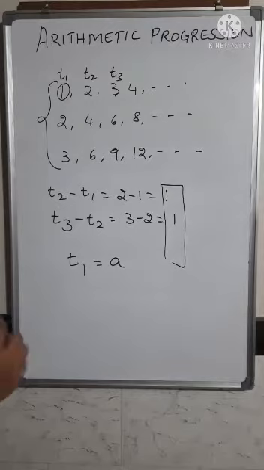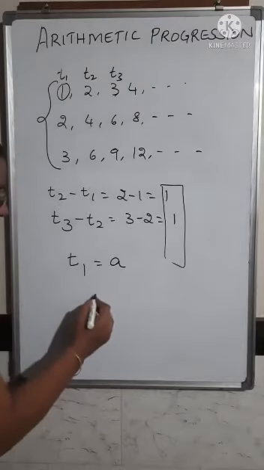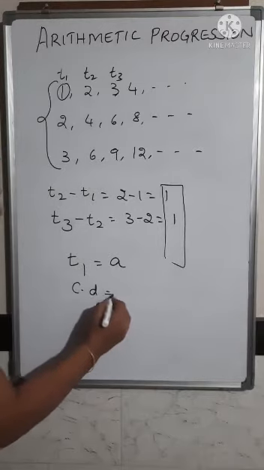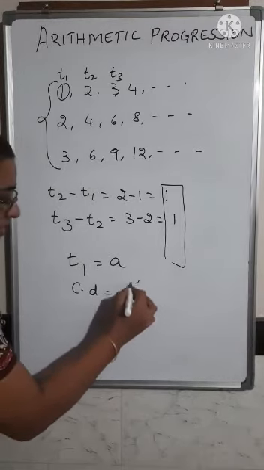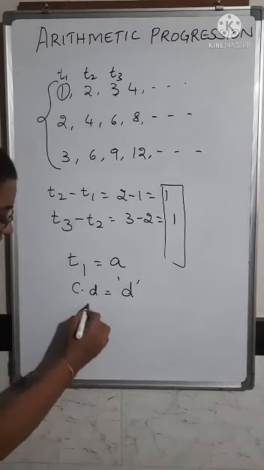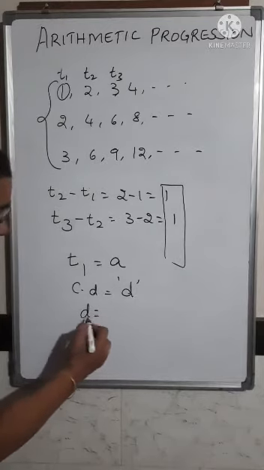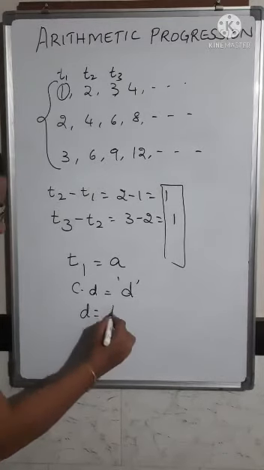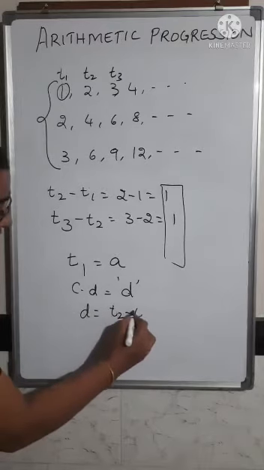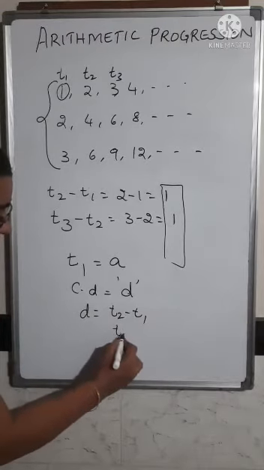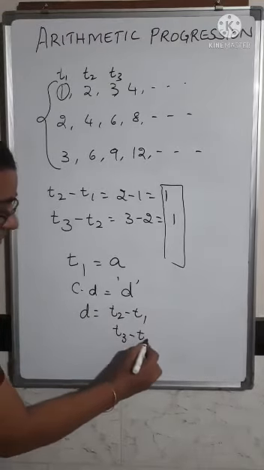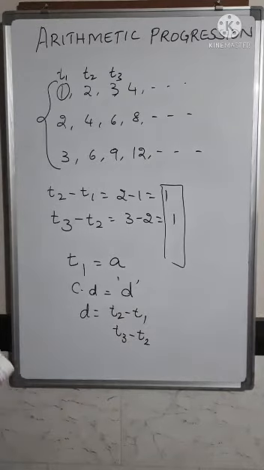And the common difference is denoted by the letter D. Common difference, in short, you can write it like this. D is given by the formula T2 minus T1, or T3 minus T2. Like this you can find the common difference.